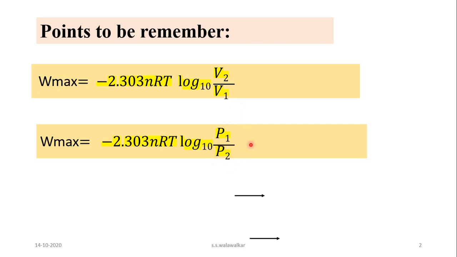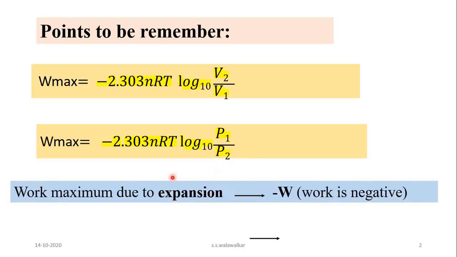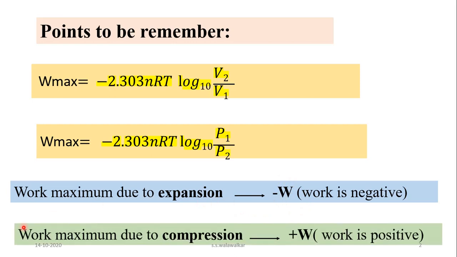Remember this point. Therefore, whenever the maximum work is due to expansion, the sign of W is negative, and when the maximum work is due to compression, the sign of W is positive. You have to remember that. All these are the most important points to remember always while solving numerical problems.